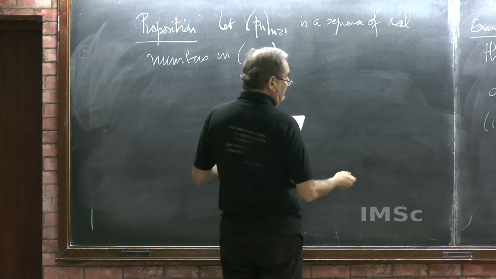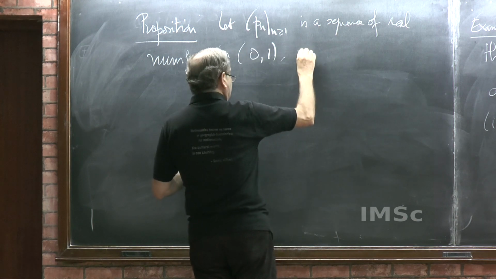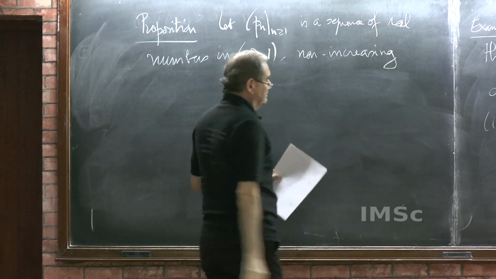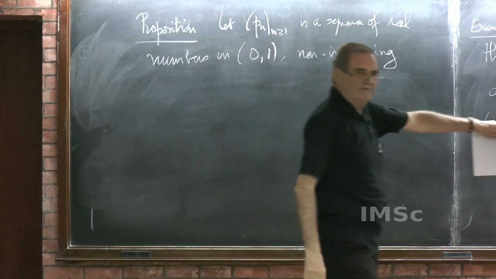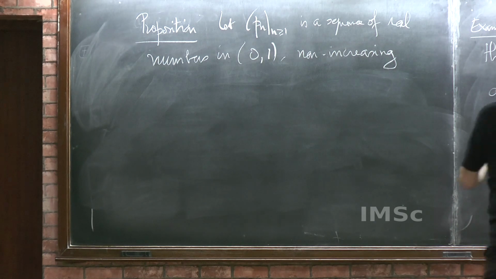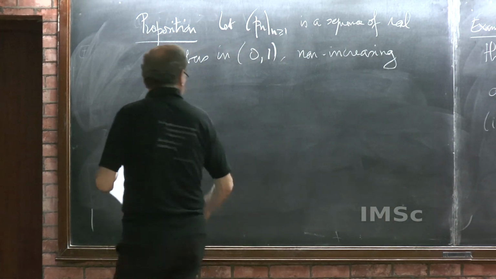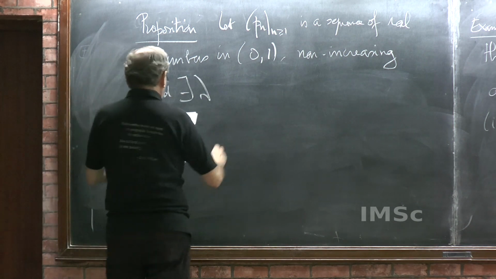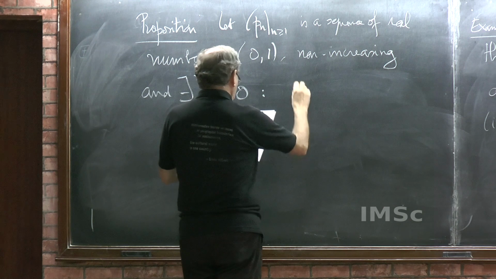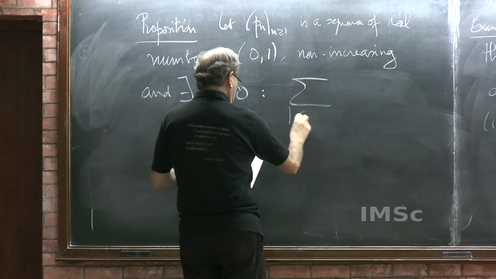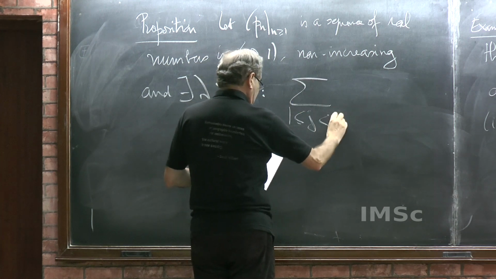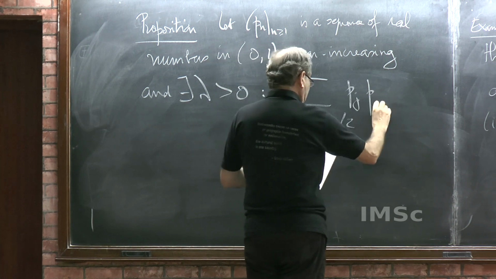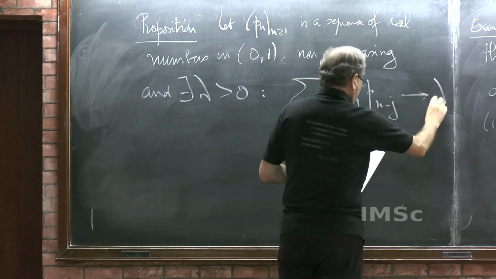We want to have it non-increasing, at least from some point onward. And I am assuming that there exists a lambda positive, such that the sum for j between 1 and n over 2 of pj pn minus j is tending to lambda.